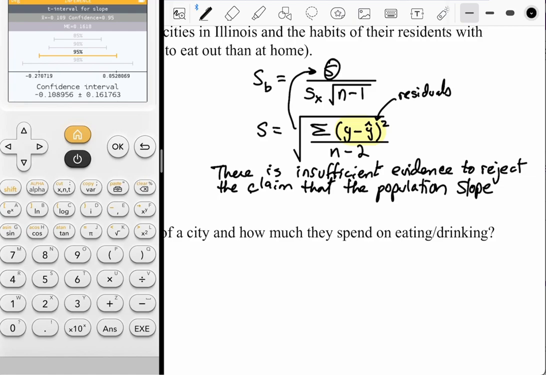Always got to say what the slope is relating to. You could say slope between or the slope relating to. Regardless, it has to be, what is slope? Change in y over change in x. So the population slope between y variable and x variable is.